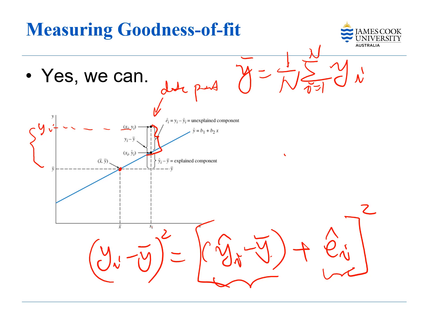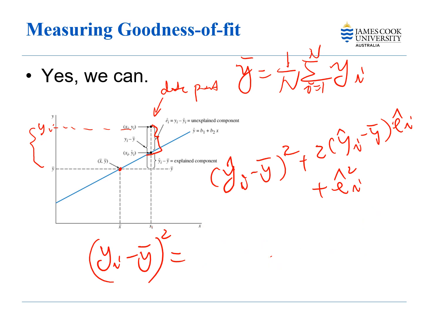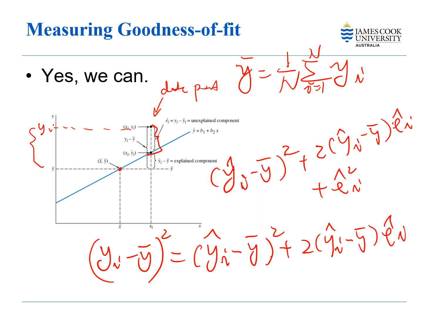We can expand these terms. It will be equal to yi hat minus y bar squared, plus 2 times yi hat minus y bar times ei hat, plus ei hat squared.